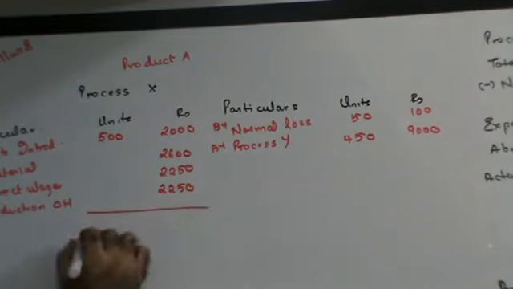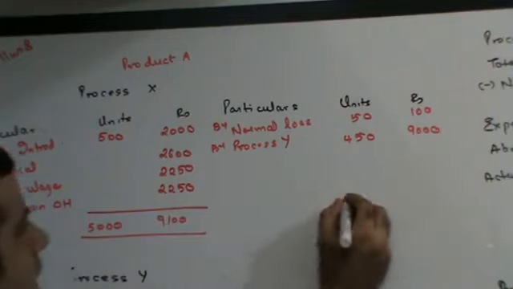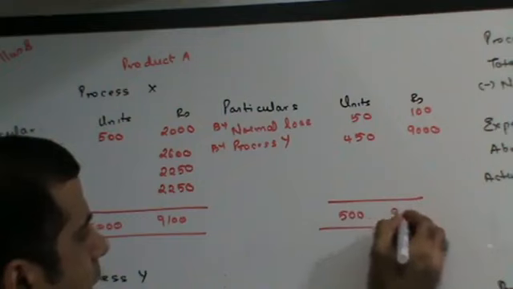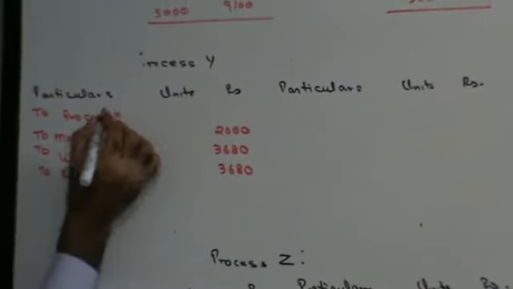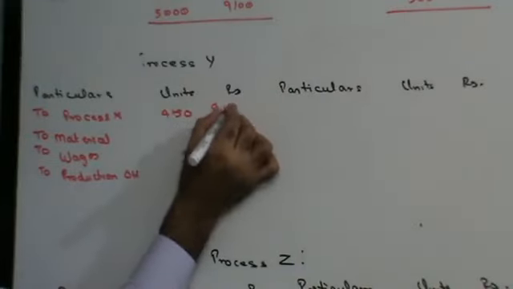Carry this. This is going to be 500 and 9100. 500 and 9100. Right? Bring that down here to process X. Transfer entry, guys. So this is 450 and 9000.